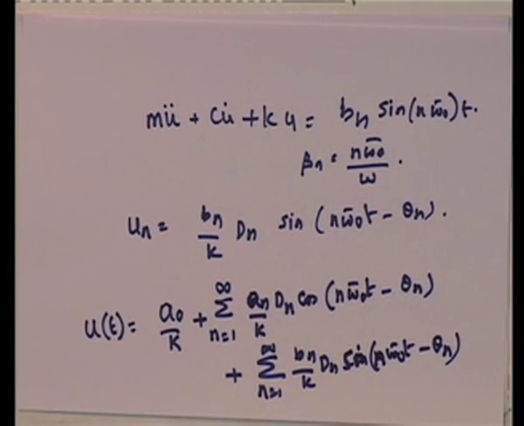That is the solution. So, now understand that if I am given a P of t, I can find out u of t. Now, these series functions are seemingly infinite series. So, how does it help me get the solution?